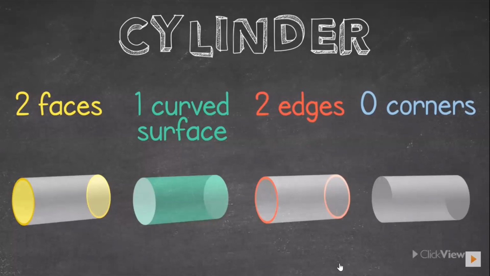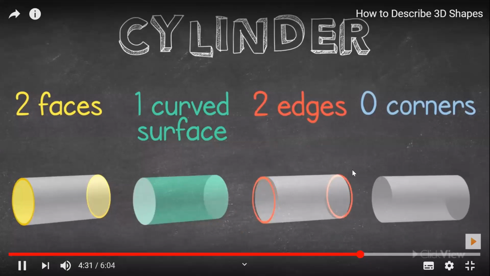Okay. This shape is called a cylinder. The cylinder has two faces. You see those flat circles here? Those are the two faces of a cylinder.